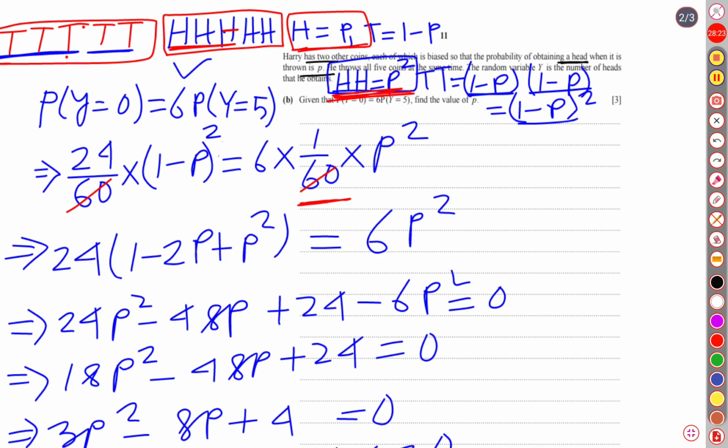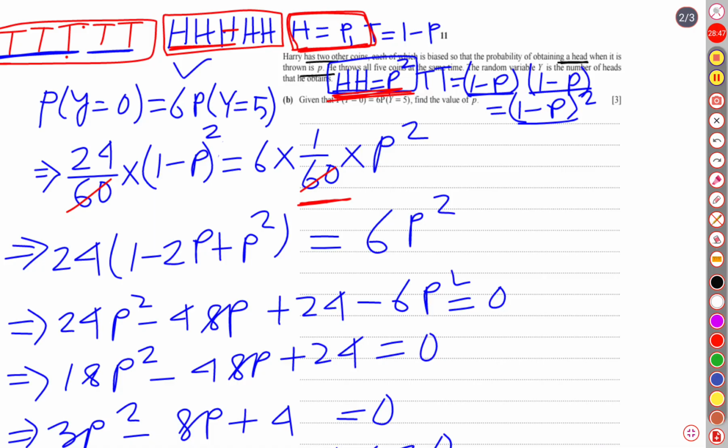It cannot be even 1, because if there are two possible cases and the coin is biased, how can p be 1? It cannot be 1 either, because either it will be head or tail. There are only two possible cases. So head cannot be 1, nor can tail be 1.